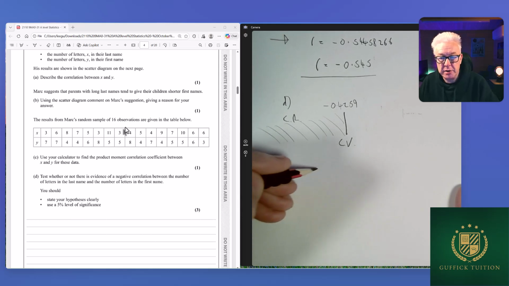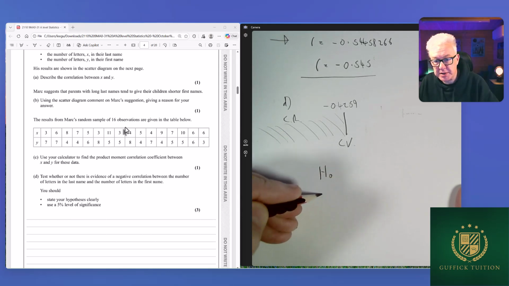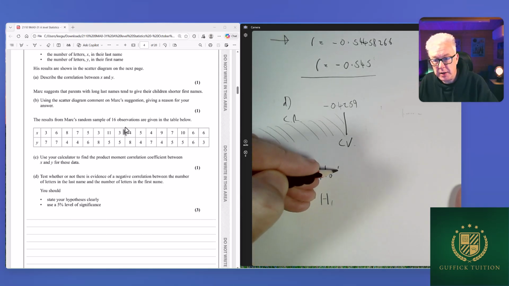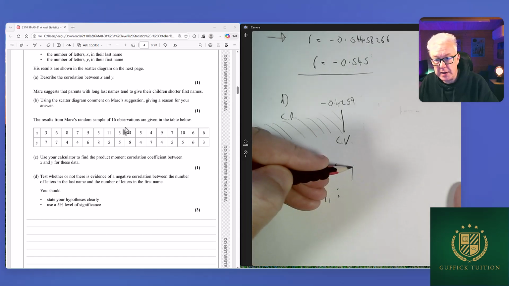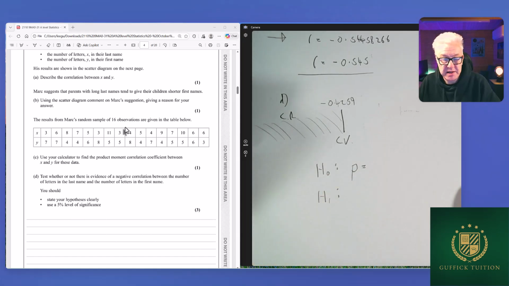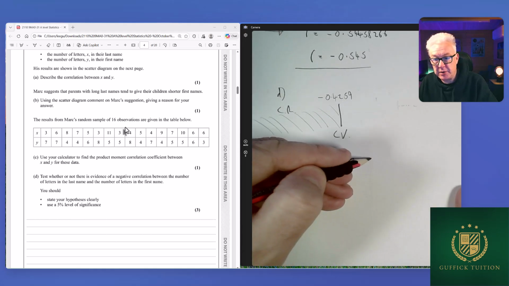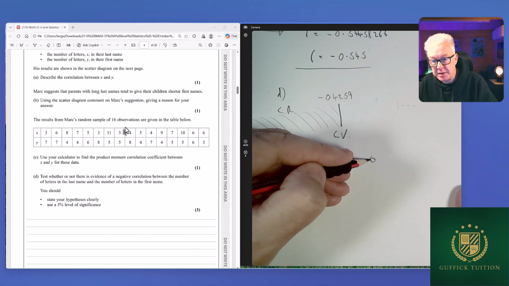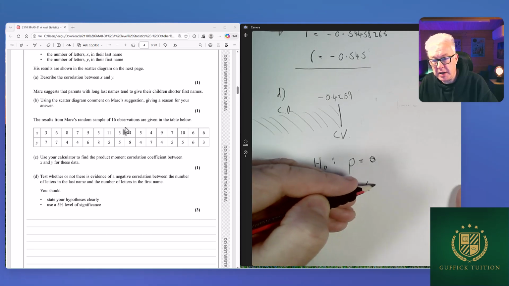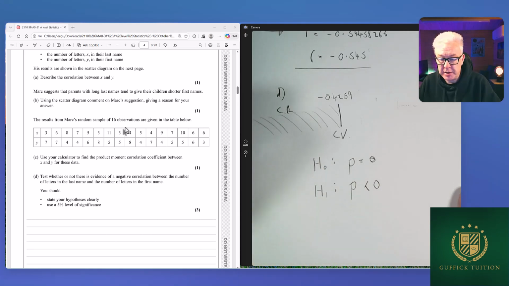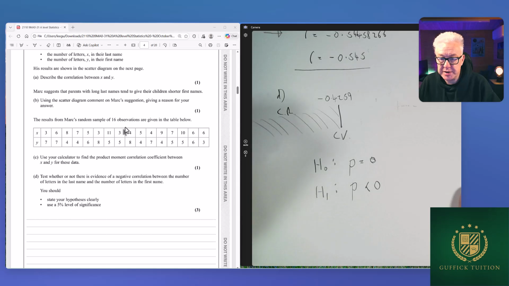Let's define our null and our alternative hypothesis. Okay, so in PMCC tests of this type, our null hypothesis is always that rho, which is the PMCC for the whole population, is 0. And that's a 0 there. And we're investigating in this question whether or not it is less than 0. So there's our null hypothesis, rho is 0, and our alternative hypothesis is that rho is less than 0.